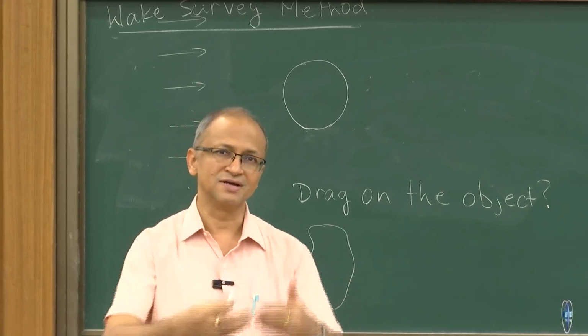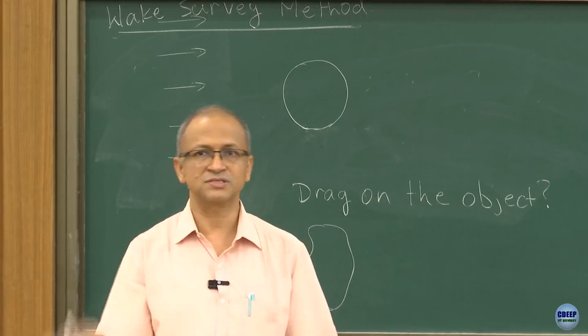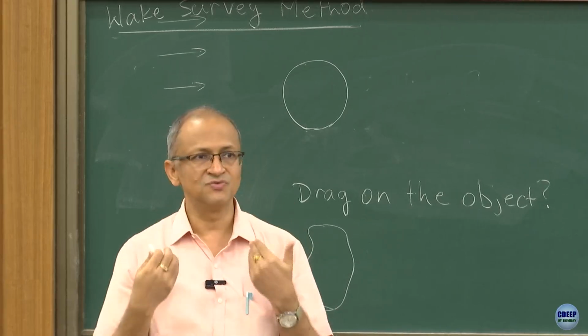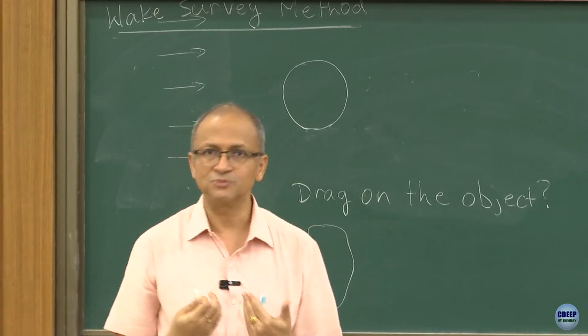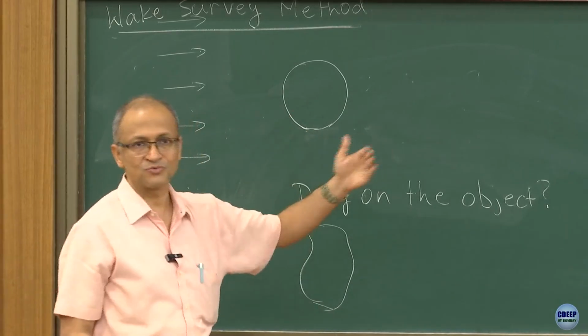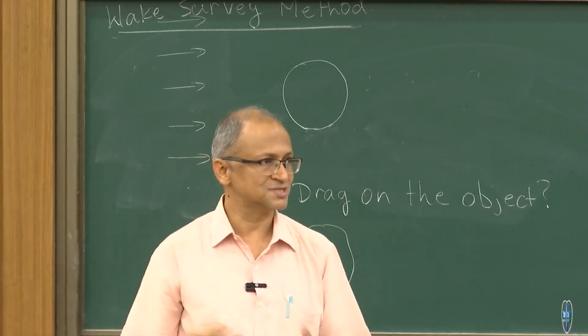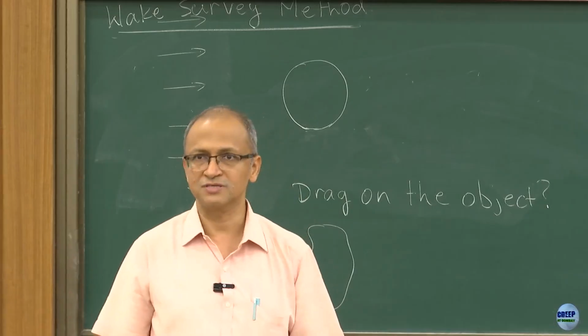We are moving against the air. We can reverse this, sit in the car, and see air coming towards us, which is the situation we are now looking at. We would like to find out whether the drag experienced by this car is significant, that I need to account for in my design.